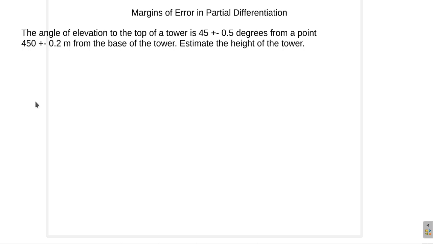It says the angle of elevation to the top of a tower is 45 plus or minus 0.5 degrees from a point 450 plus or minus 0.2 meters from the base of the tower. Estimate the height of the tower.